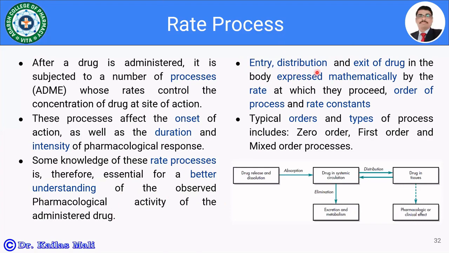Entry, distribution, and exit of drug in the body are expressed mathematically by the rate at which they proceed, the order of process, and the rate constant.